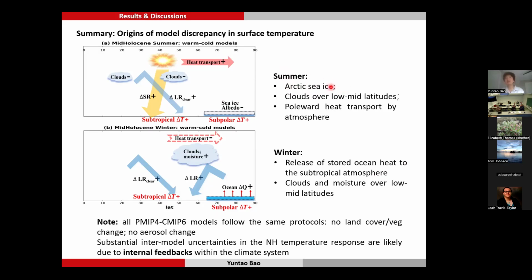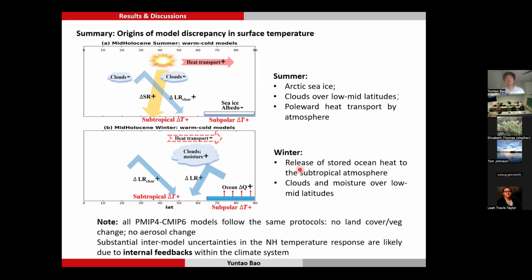Due to sea ice albedo feedback, they produce warmer temperatures over the Arctic regions. Warm models also simulate more clouds over the mid-low latitudes in the Northern Hemisphere, which produces more downward longwave radiation, thus warming the surface. These are the two main processes in the summer.